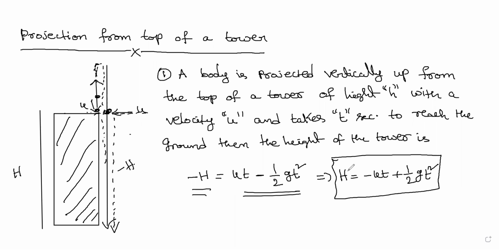From the vector mode, you will get it like this. Hope you understood the calculation. Noted, sir. u upwards, g is downwards. So this is how you get the calculation.